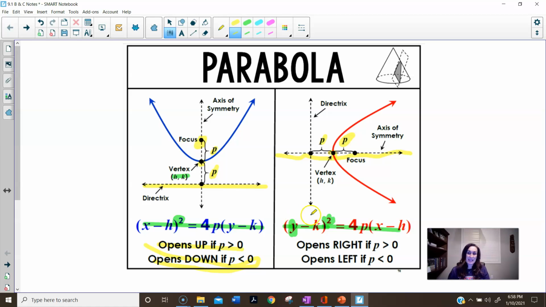Now you can see here that if P is greater than 0, so positive, then this parabola is going to open to the right because the parabola is always going to wrap around the focus. If P is negative, that parabola is going to open to the left.